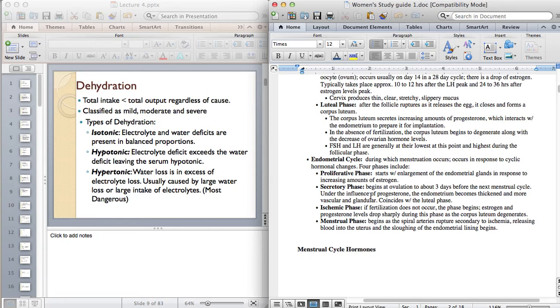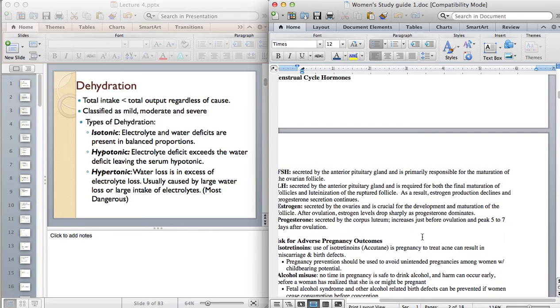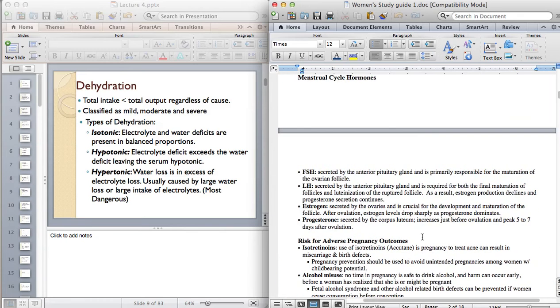And then the hypertonic, you have so much water loss leaving the fluid very concentrated. And this one is the most dangerous one.